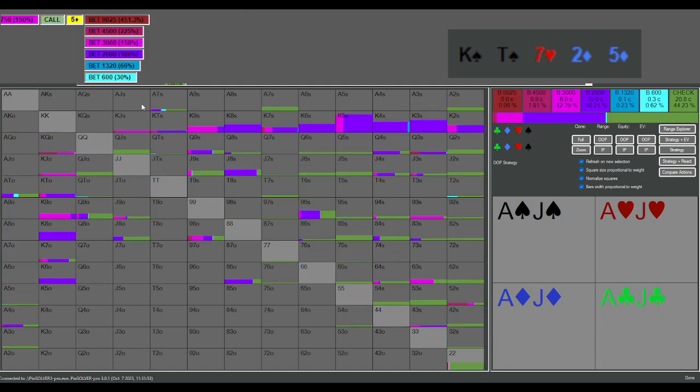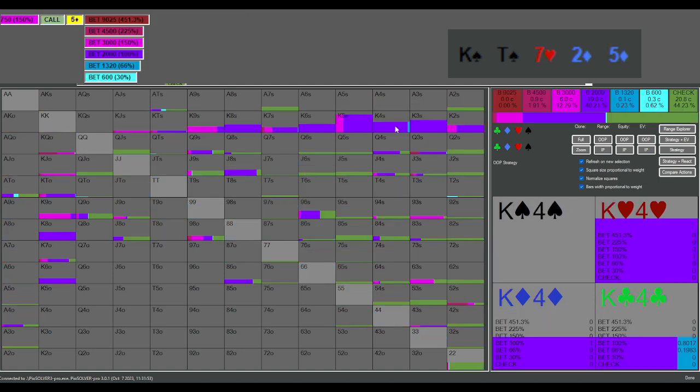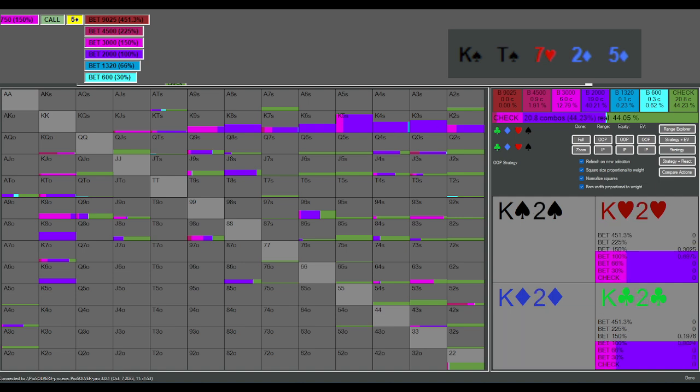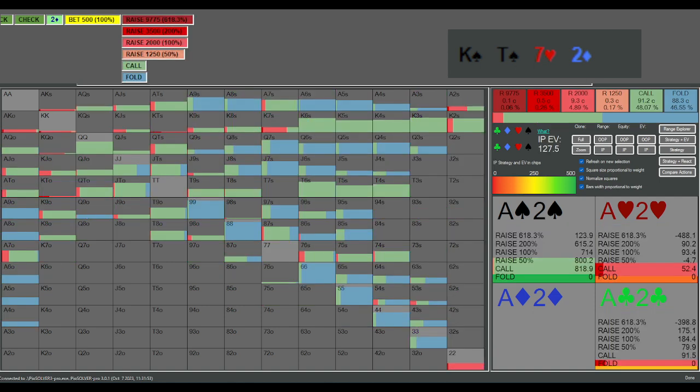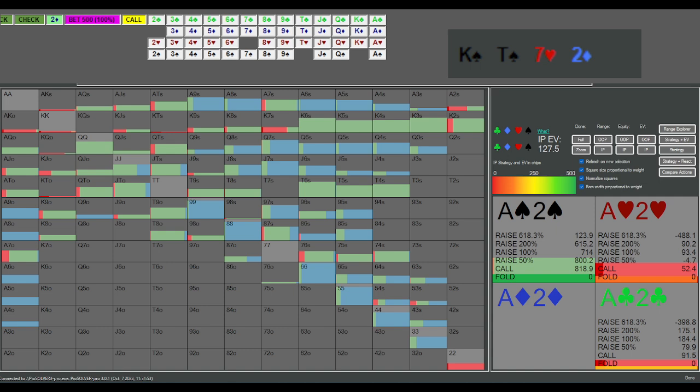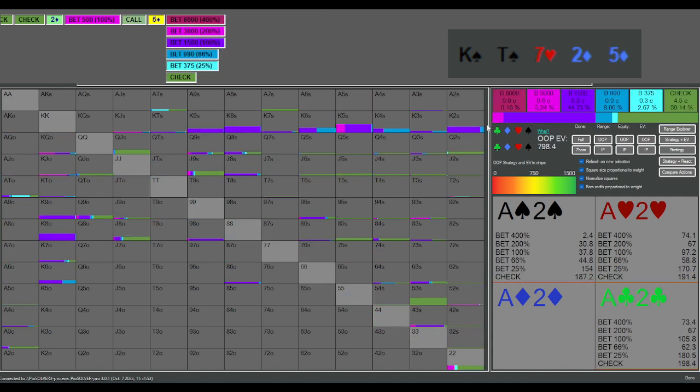So 150 call, low brick, and now we're still able to pot the river with this king X, right? Let's see, in this sim, well, this is only pot, so probably going to be worth another bet on the river.